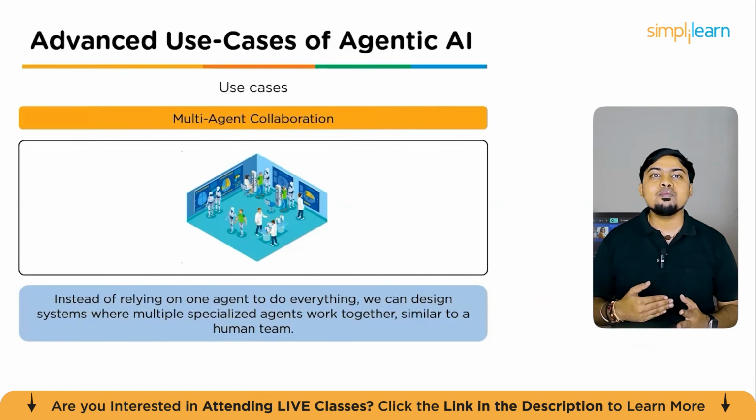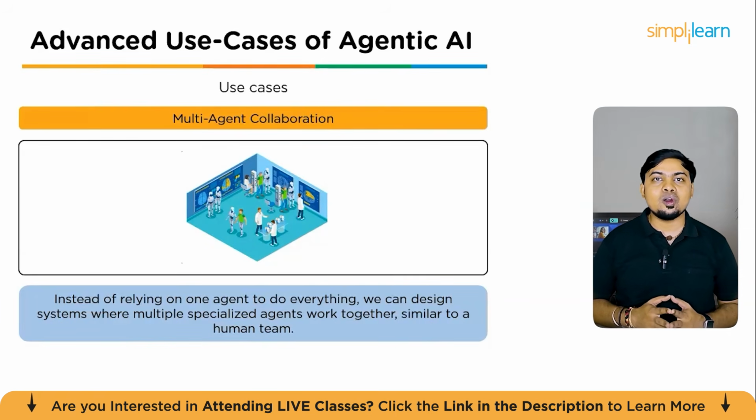For example, you might have a research agent that collects data, an analyst agent that processes insights, a writer agent that generates content, and a reviewer agent that validates the final output. This approach improves both quality and scalability because each agent focuses on a specific responsibility. It mirrors how real organizations operate.